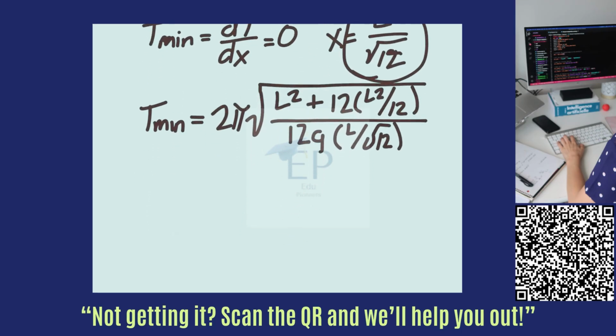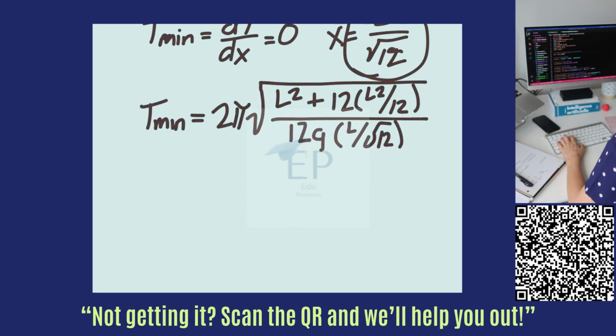And we have a length that we were given at the very beginning, that L equals 2.20 meters. So we can go ahead and plug that in as well.